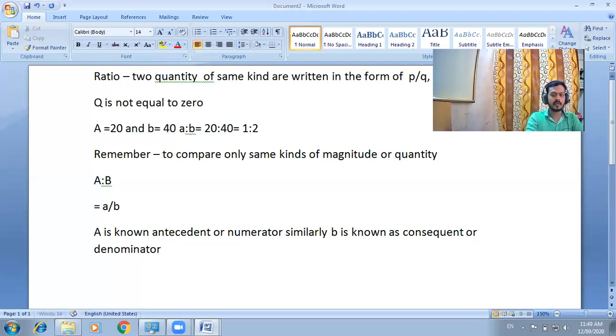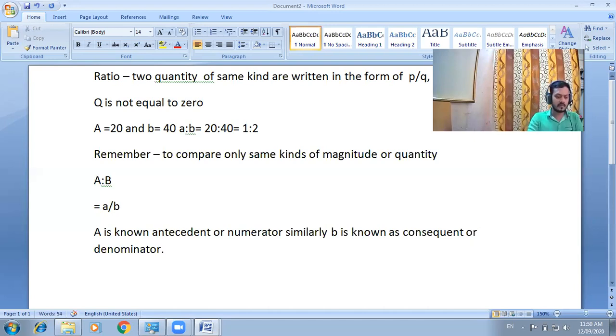So always remember A is known as antecedent, means first with respect to second in a comparison. A is known as antecedent or numerator. Similarly, B is known as consequent or denominator.